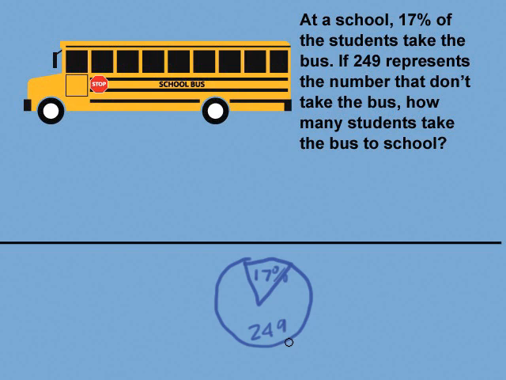So the percent that we're given doesn't align with the numerical part. We need to adjust the percent. This part of the circle, the 249, represents 100 minus 17, or 83%.